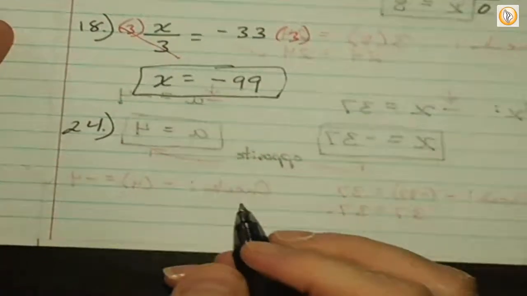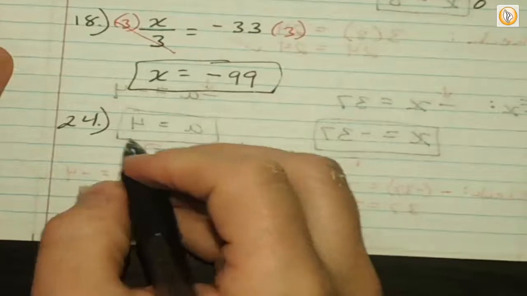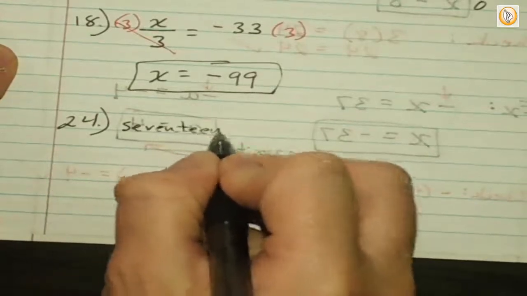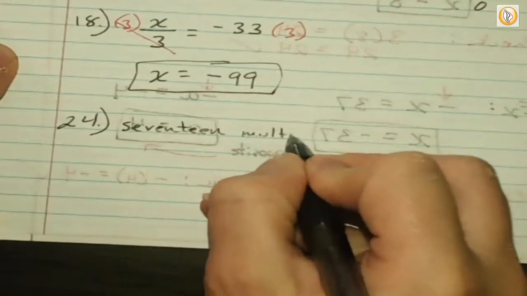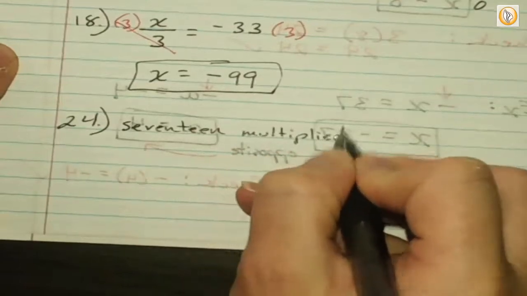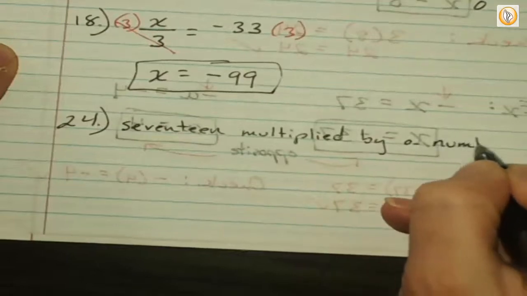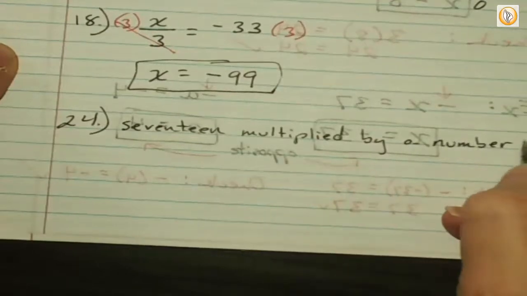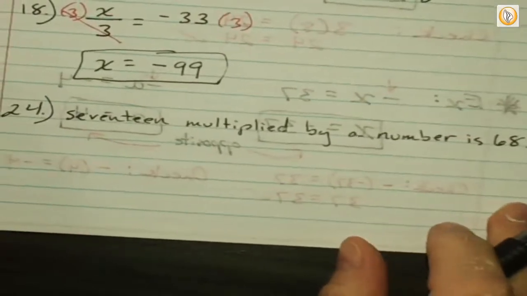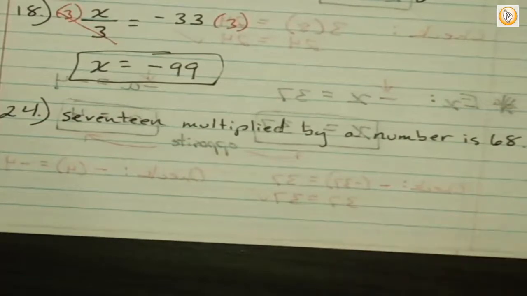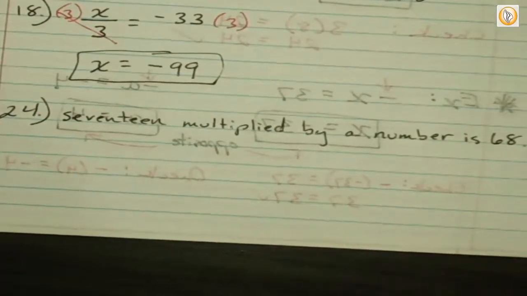Number 24: 17 multiplied by a number is 68. Taylor, you want to do this one?